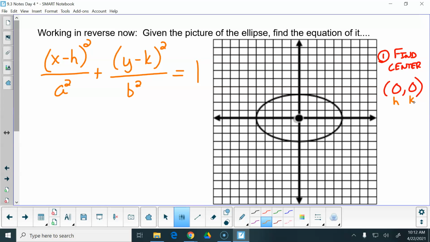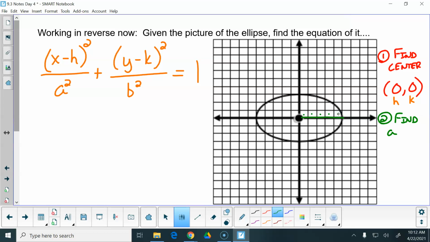How am I going to find a squared? You square the amount of points in between the center and the edge. Yeah, I counted them and then squared it, right? Okay. So 1, 2, 3, 4, 5, right?